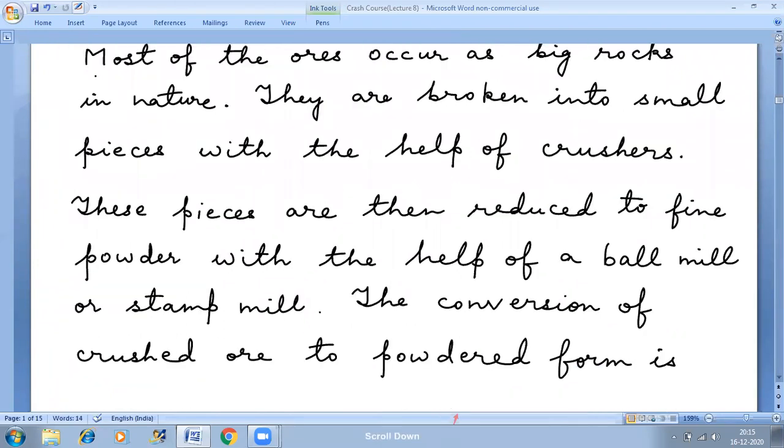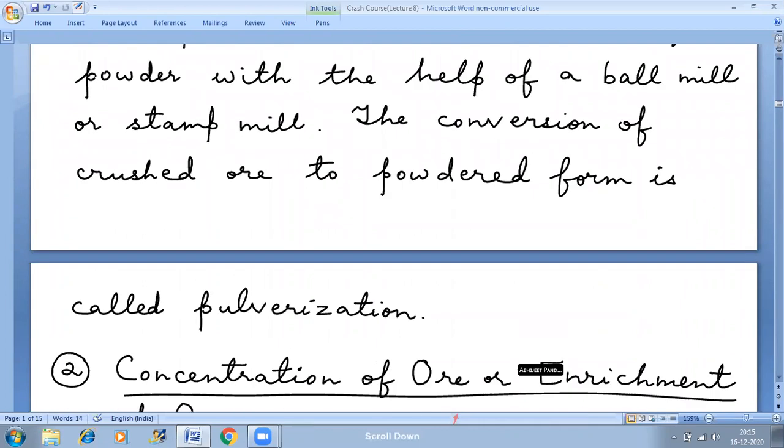The conversion of crushed ore to powdered form is called pulverization. So first you break the rocks, then you grind and ultimately convert them to a fine powder.